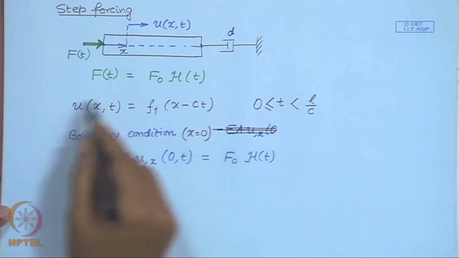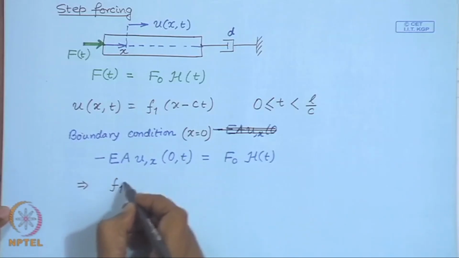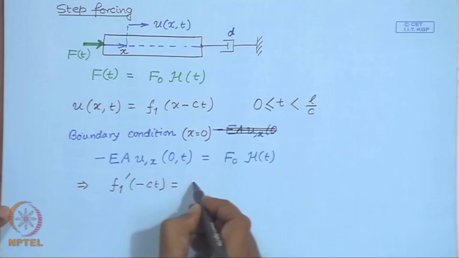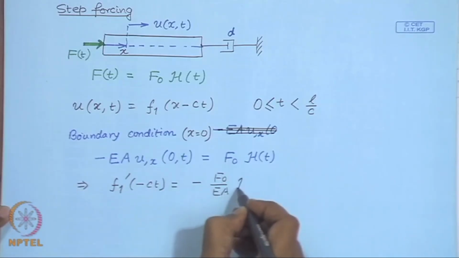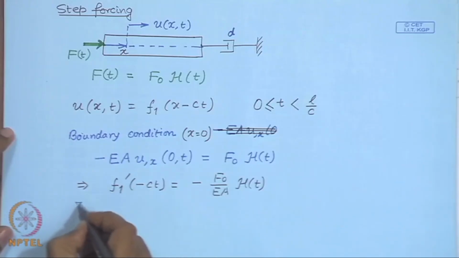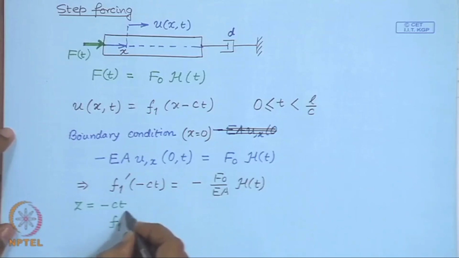Now if you substitute this expression, this solution in here, and simplify, so this is going to be f prime. Now, let us define z as minus C t, then we obtain f 1 prime.